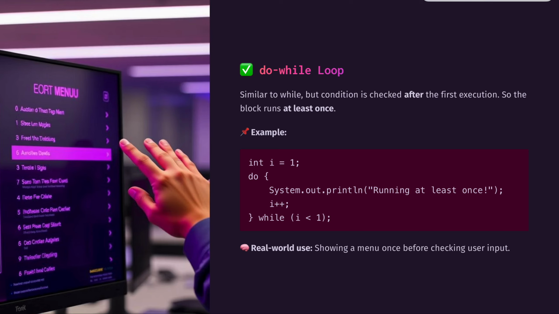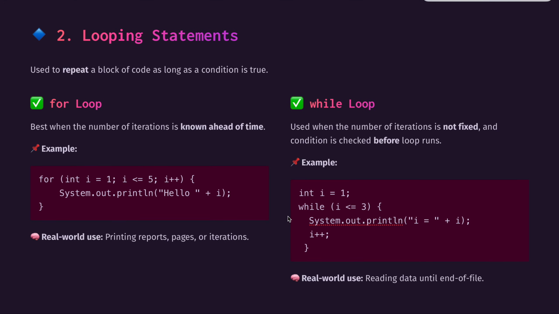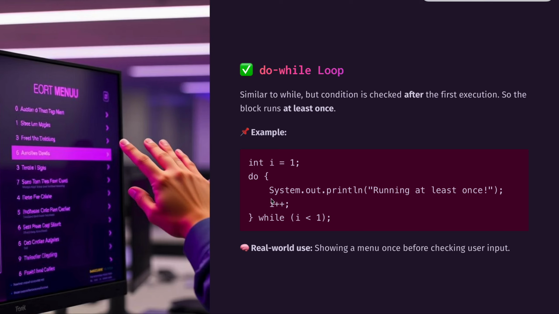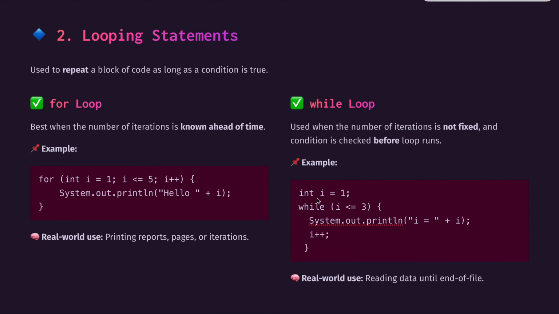Next is do while. Do while is similar to while, but here in the while loop you first check the condition and then execute the loop, but in do while you first execute this block and then check the condition. The difference is that in a while loop, if the condition is not satisfied, it doesn't execute the block.